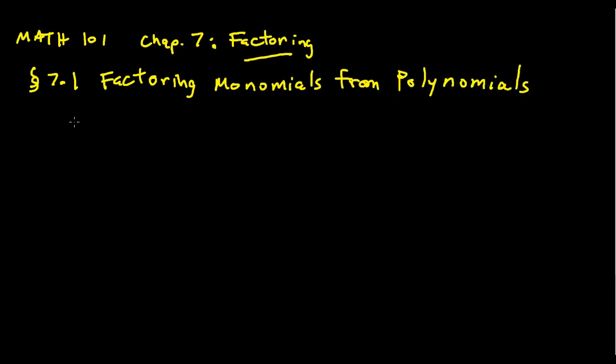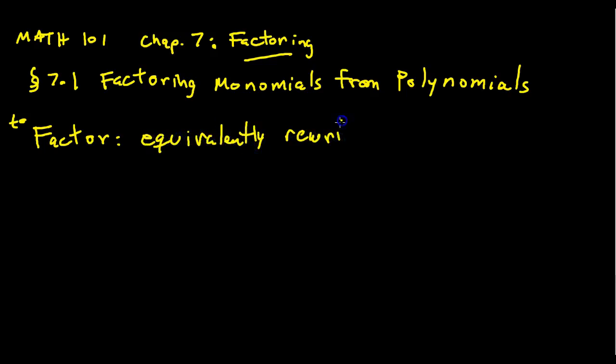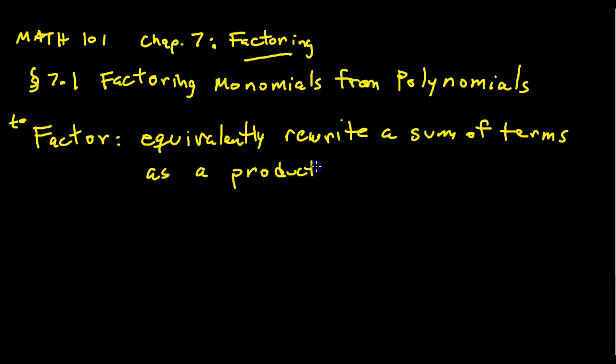Let's start out with a working definition of what it is to factor. To factor, the verb version, means to equivalently rewrite a sum of terms as a product of factors.